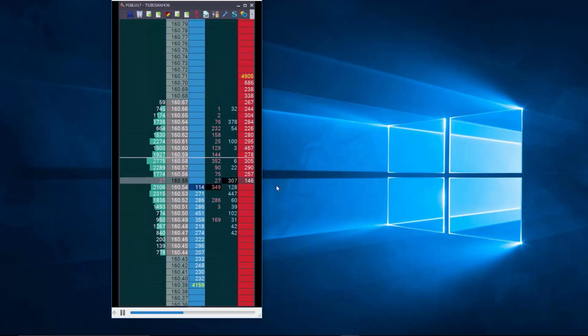You want to see volume trading at prices and being absorbed at prices, because the big traders, they're on the bid or on the offer.